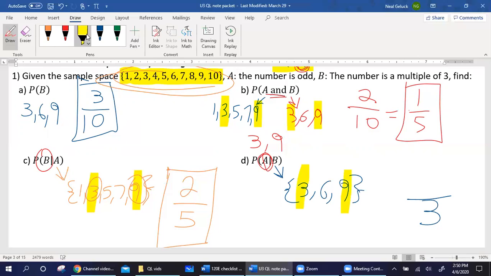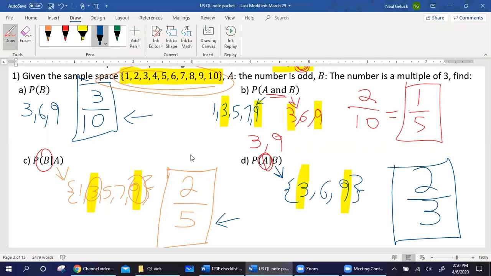Well, 2 out of those 3 are odd. So the probability that the number is odd, given that it's a multiple of 3, there's a 2 out of 3 chance. So again, on conditional probability, it reduces down my sample space, basically saying it reduces down my denominator, my total possibles to look at.